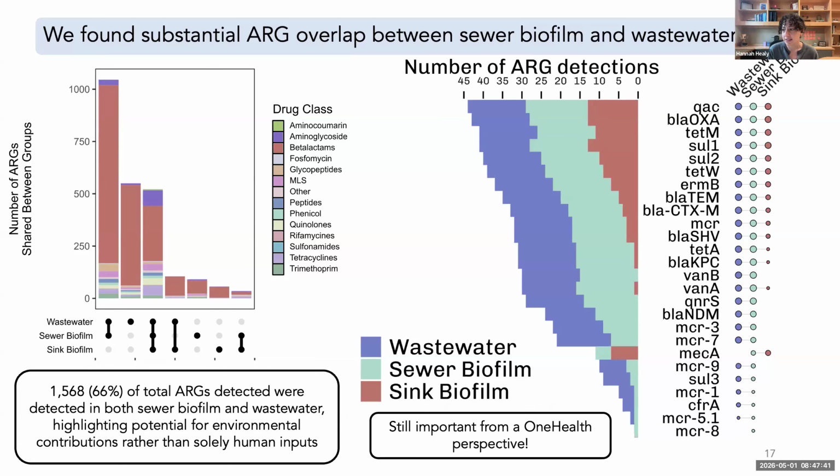And so while this is still very important, again, from a One Health perspective, that we're propagating all of this antimicrobial resistance in the healthcare setting, it again highlights that we might not be able to say that this is really coming from the patient population as we conduct these studies.